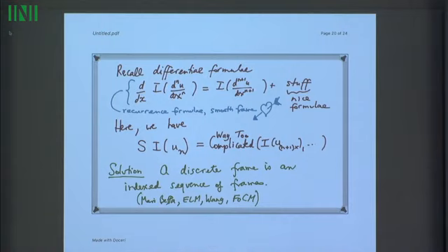Recall that for my differential invariants, I had this very nice feature that if I differentiated one of my invariants, I did get the next invariant up, plus stuff. This was a beautiful formula, and we love this formula. However, here we have a function of the other invariants, which is just way too complicated.